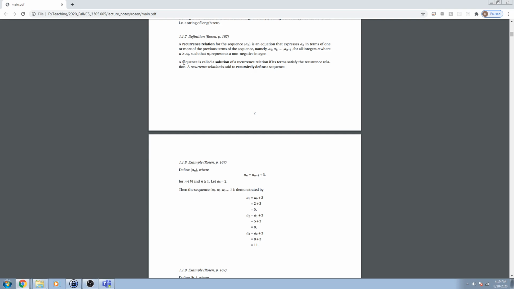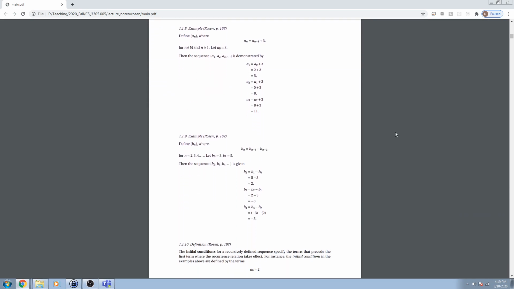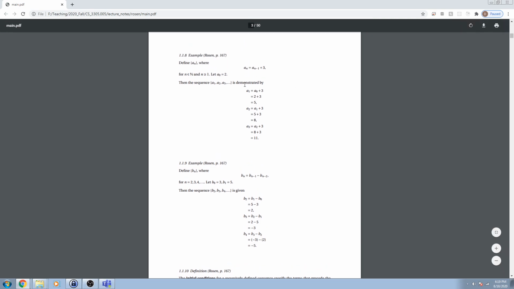Okay, so a sequence is the solution of a recurrence relation if it satisfies the way that the recurrence relation is defined, basically. So let's look at an example, because that felt like a really weak explanation as we were going over it. Okay, so you kind of see what I mean here, right?